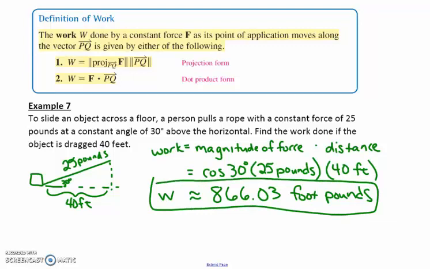All right, so remember that the cosine of 30, and really I probably shouldn't have labeled this as 40 feet. We're dragging it 40 feet, but that side is not 40 feet. That is actually, this side is that projection of PQ, vector PQ, onto F. So that is actually the numerator. So let's just call that magnitude.